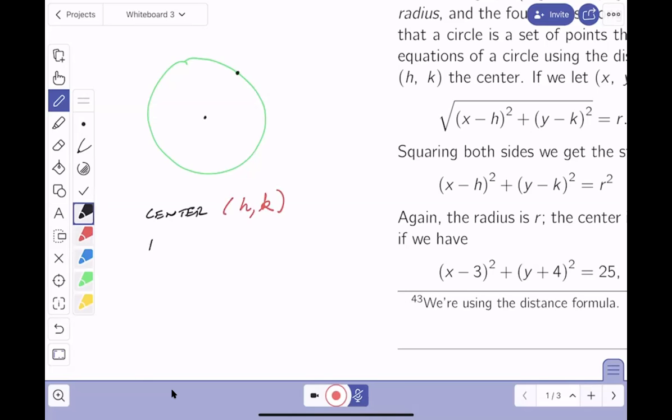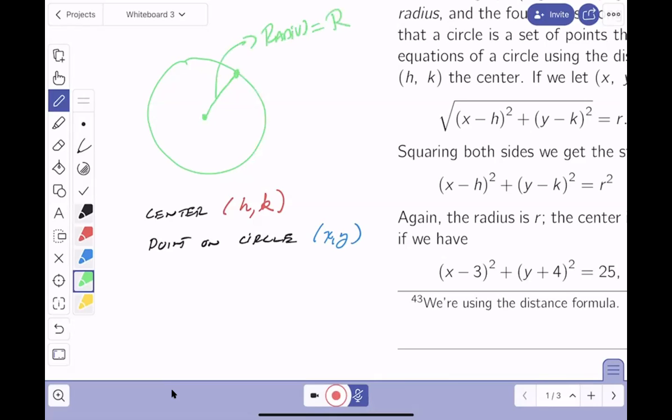So this can be a point on the circle. I'm going to call that point X, comma, Y. And now what do I have? I have a distance between the center and that point. All right, what's this thing called? Radius. The abbreviation for the radius, well, use the letter R.